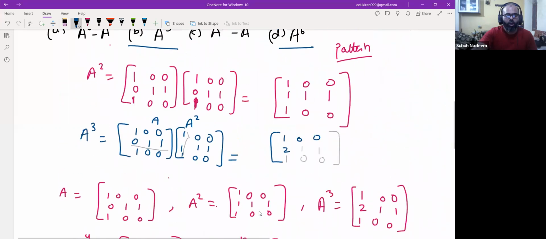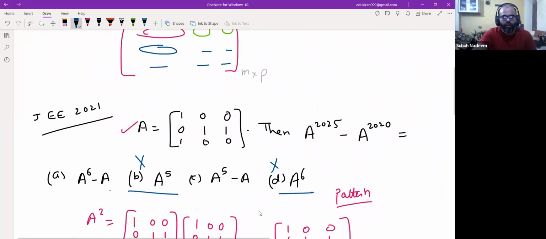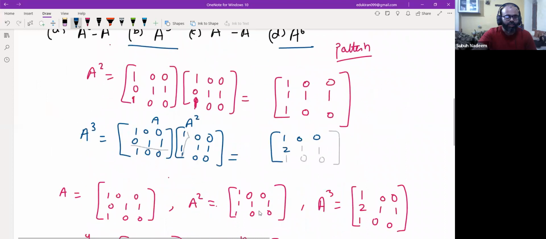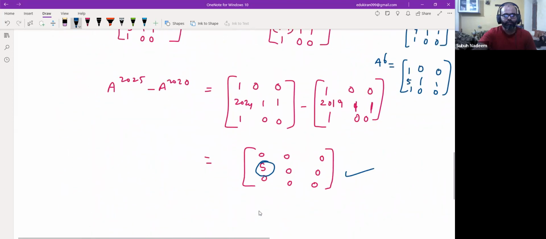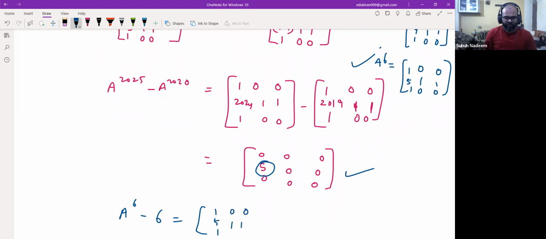Now, if you see again option A and option C, option A is a to the power 6 minus a. a to the power 6 is 1 0 0, 5 1 1, and 1 0 0. And a, as you can see from the general formula also, is 1 0 1, 0 1 0, 0 1 0.